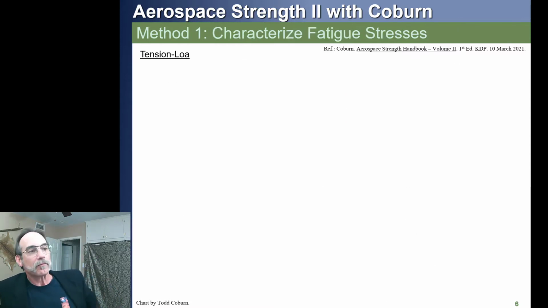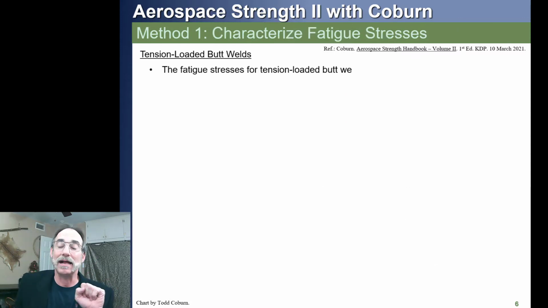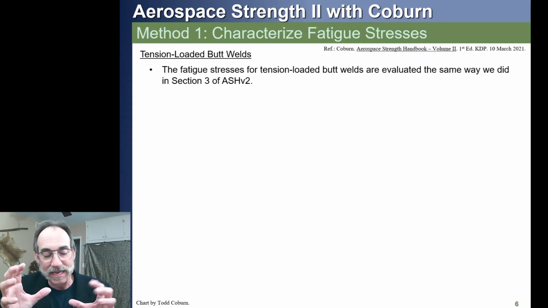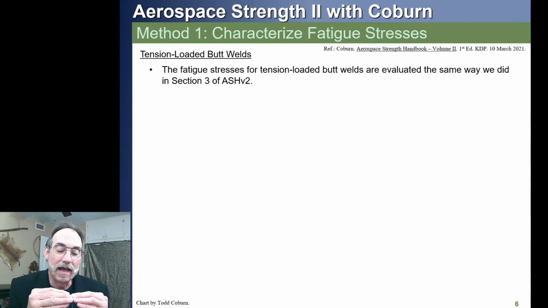Okay. So now we know what our endurance limit is, what our allowables are, and we know what stress concentration factors to use. The next thing we need to do is characterize our stresses. Now remember, to evaluate fatigue we need to estimate the fully reversed stress level.